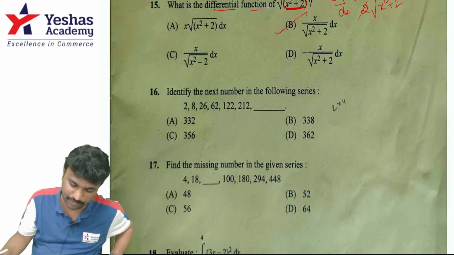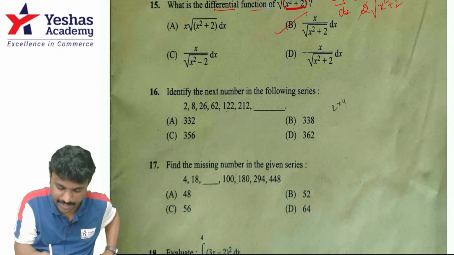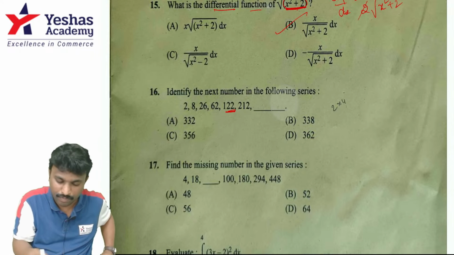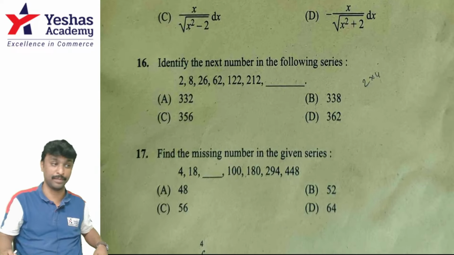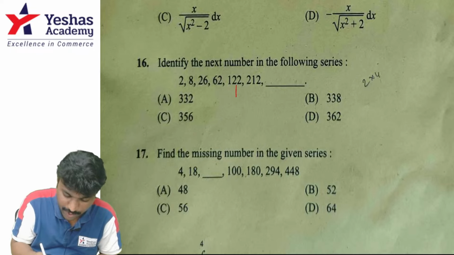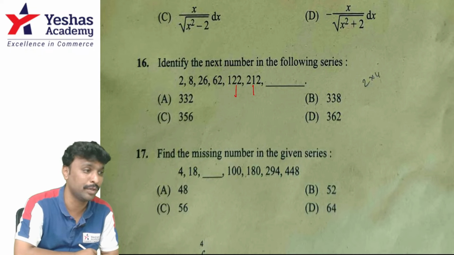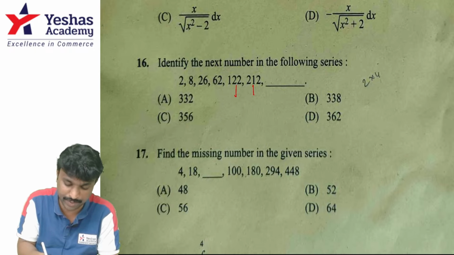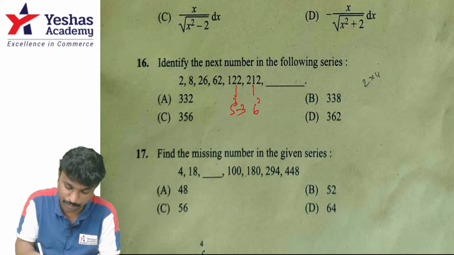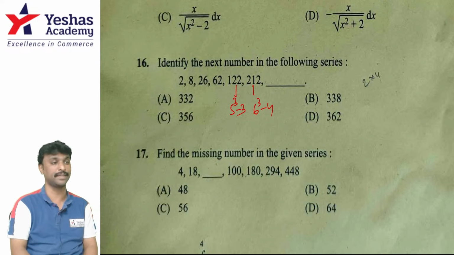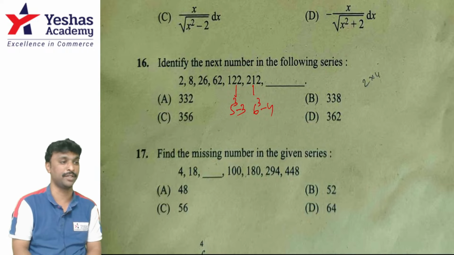Identify the next number in the following series. Guys, what did I say? Observe the numbers properly. If you look at 122 and 212, they are very close to perfect cubes. 122 is 5 cube minus 3. 212 is 6 cube minus 4, because 216 is 6 cube, minus 4 is 212.